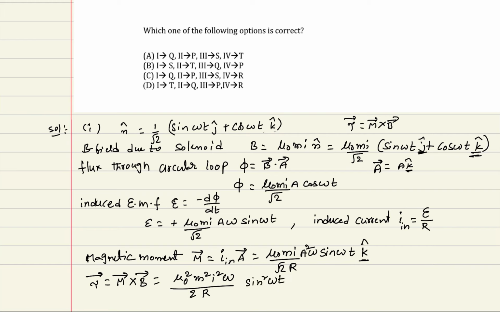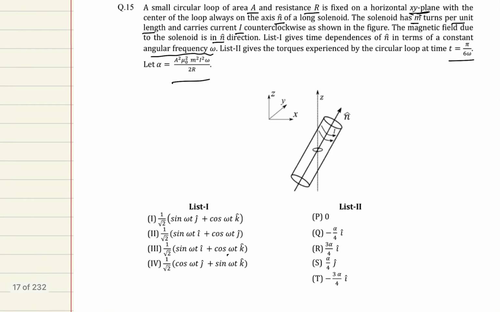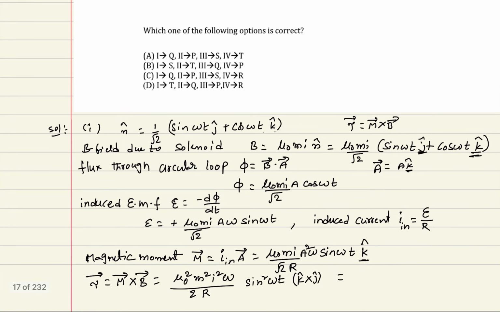The value mu naught squared m squared I squared omega A squared by 2R is alpha, and since t equals pi by 6 omega, that is 30 degrees, so we have sine squared 30 degrees.